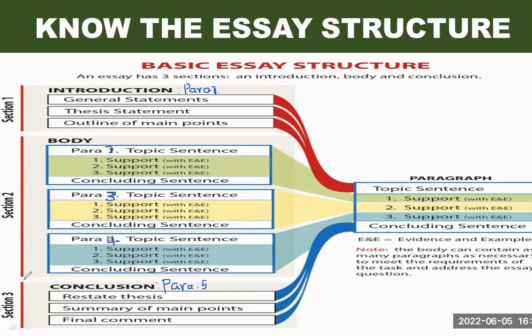And then your conclusion should restate or reemphasize your thesis. Then give a summary of the main points and make a final comment. For example, if you are writing on road accident, you summarize your points and then you can make a call to action.